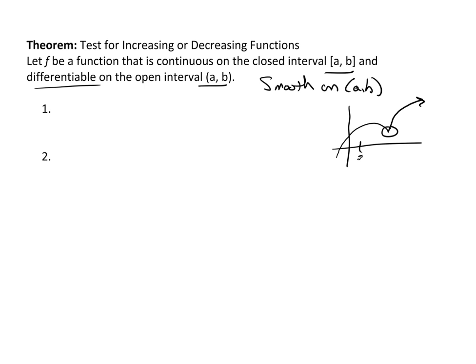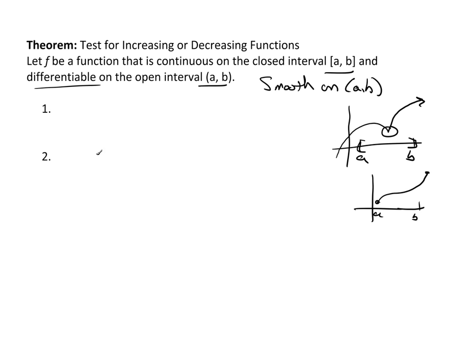So if my interval is a to b and this cusp exists inside it, then this is not a smooth curve. The derivative does not exist, so it is not differentiable. So I need some type of smooth curve from a to b.